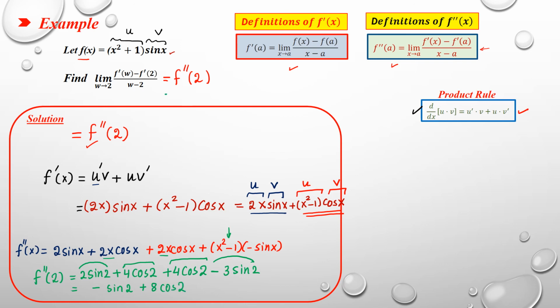So f double prime of 2 equals negative sine 2 plus 8 cosine 2, and we computed the limit using the definition of f double prime. Okay, and that's it. Thank you.